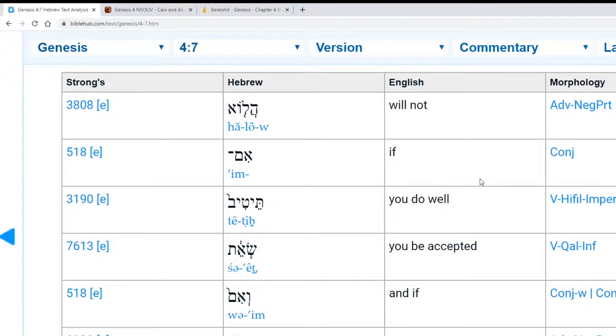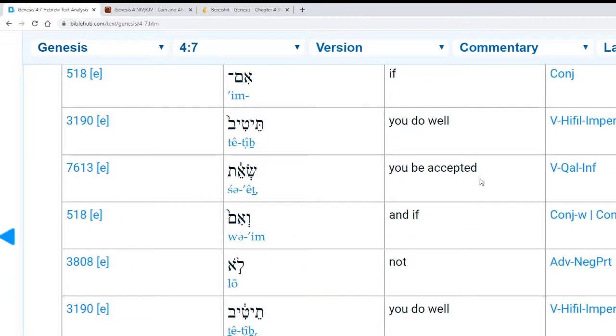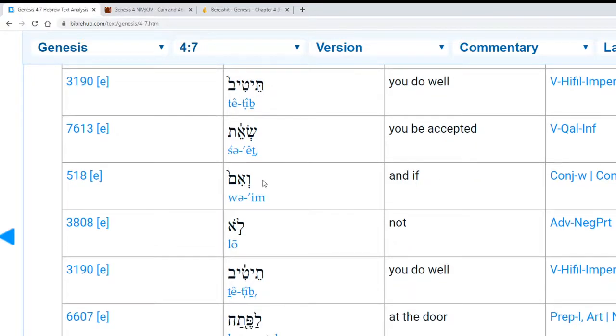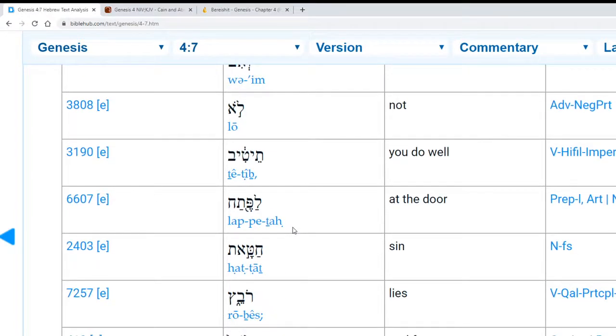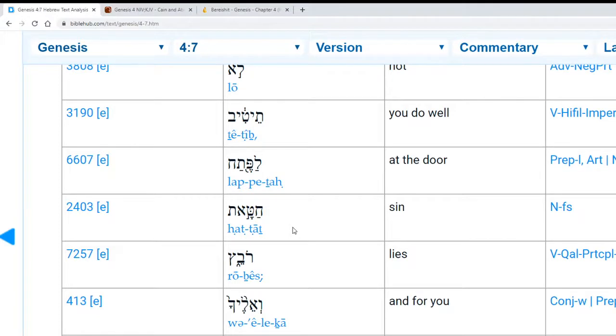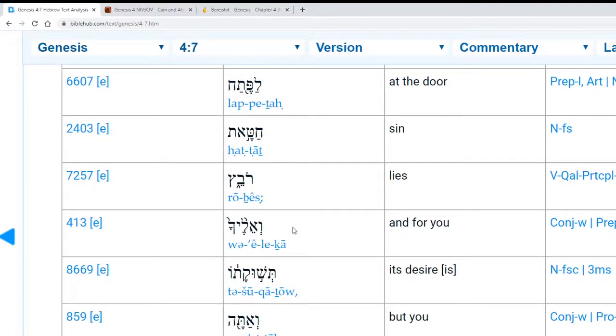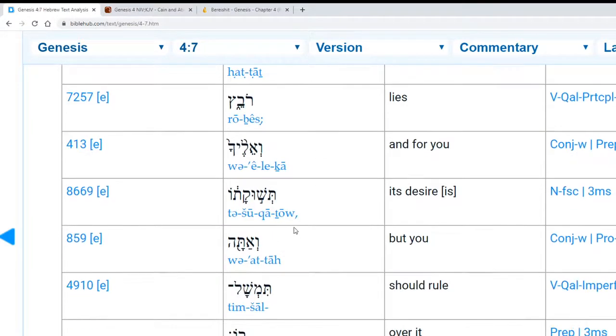Halo im tetiv se'et, ve'im lo tetiv lafetach hatat rovetz ve'elecha teshukato ve'ata timshal bo.